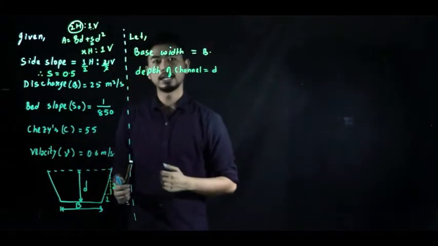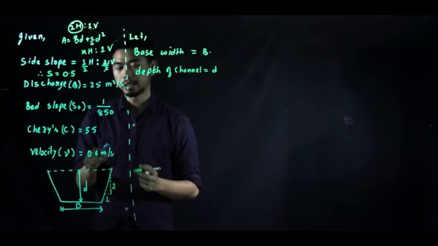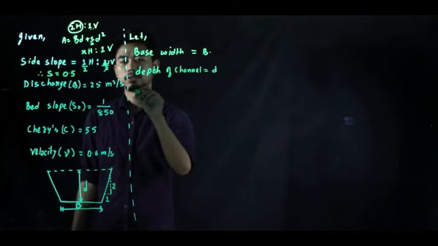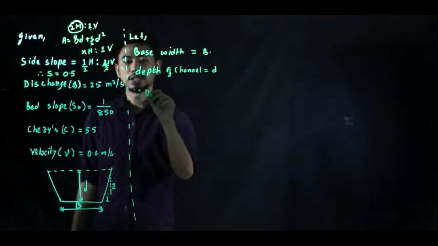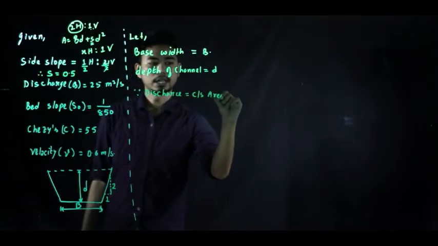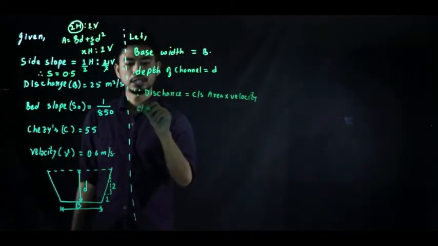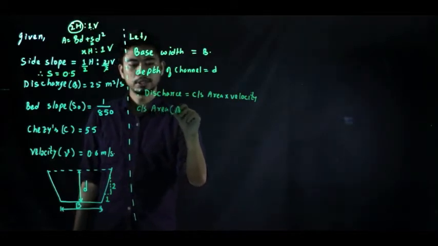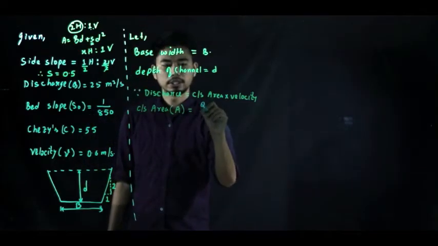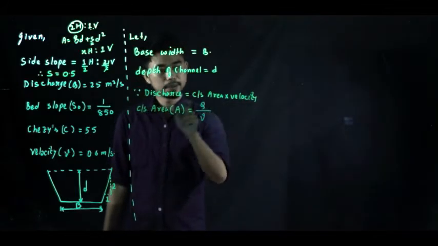So let's see, from here you will get the equations. First of all, your discharge is given, your velocity is given. So from there you can find out the cross-sectional area. Since discharge equals cross-sectional area multiplied with the velocity, let's use a symbol capital A. So area will be discharge divided by velocity.